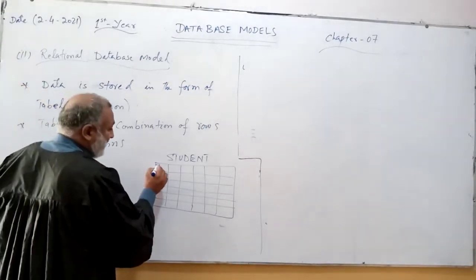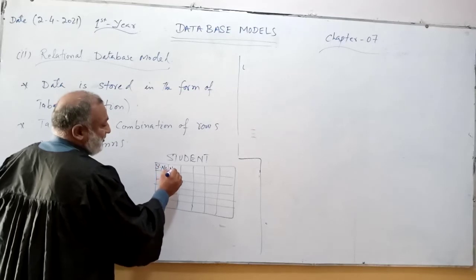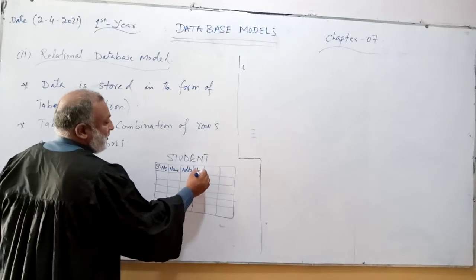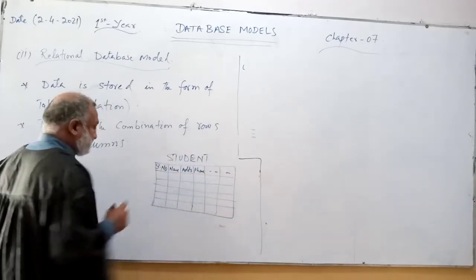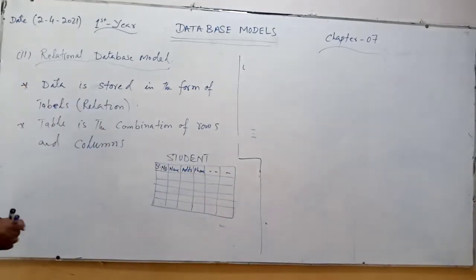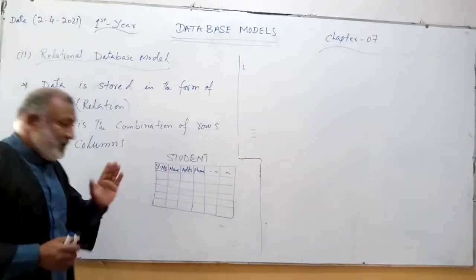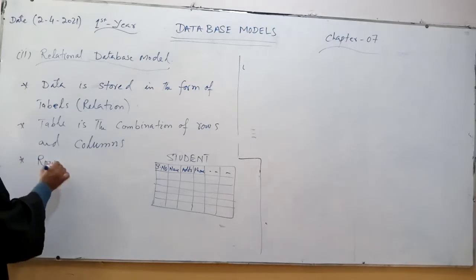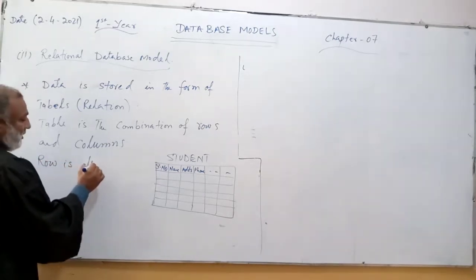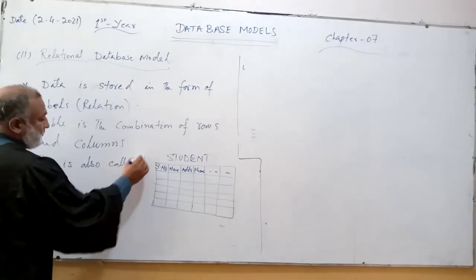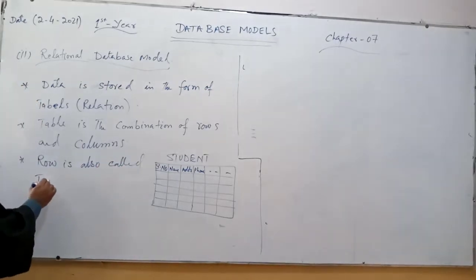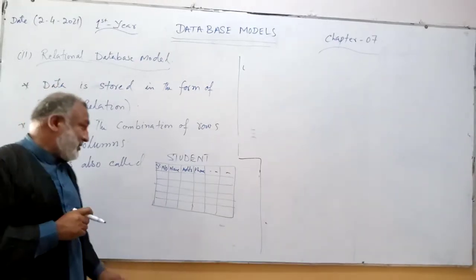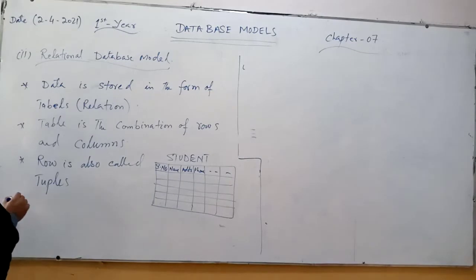For example, we have serial number, name, address, phone number, etc. So it is divided into the combination of rows and columns, where the row is also called a tuple. Rows are also called tuples in database terminology.